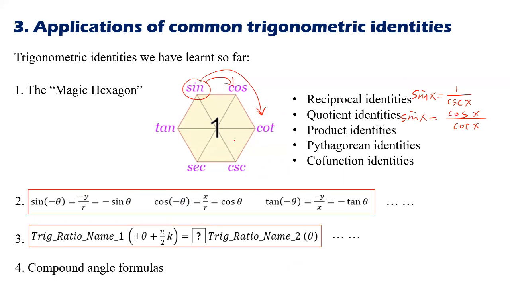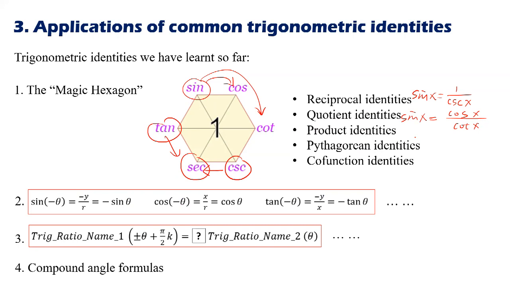You can start from any one of the functions and you can find the quotient identities. Product identities, that means the product of these 2 functions is the function in the middle, right?